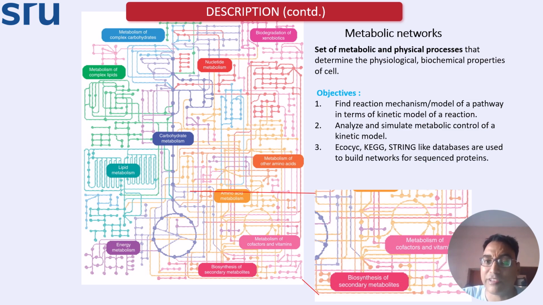So what is the major emphasis? We can analyze the set of metabolic and physical processes, how things work out. This helps us build a reaction model so that it can be used for flux balance analysis also.